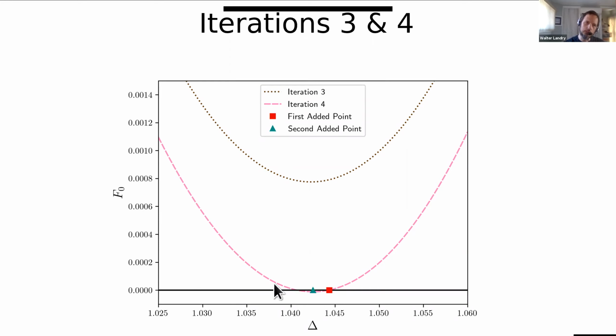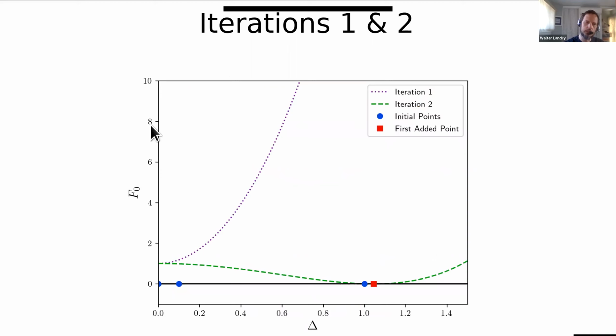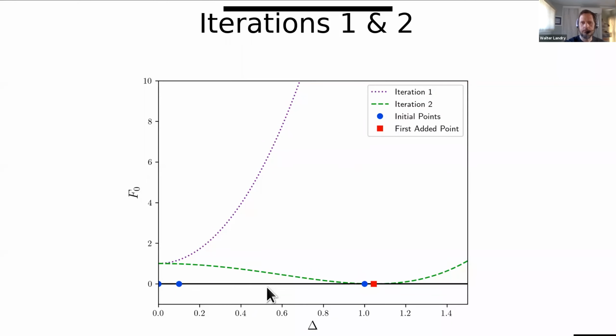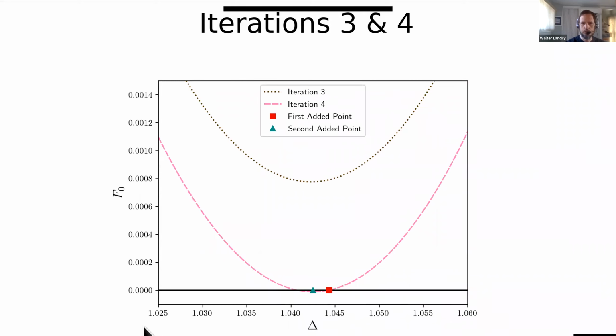Also, one of the things I want you to notice is that in the previous slide, this goes from 0 to 10. In this slide, it goes from 0 to 10 to the minus 3. So it's many orders of magnitude reduction, even with just these few points. And I've really zeroed in here. This goes from 0 to 1.5. This goes from 1.02 to 1.06.